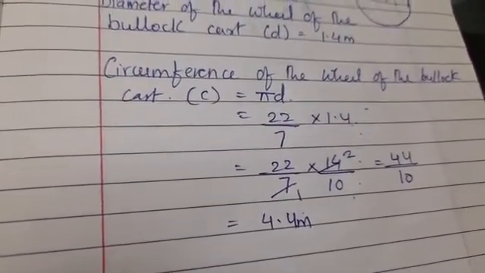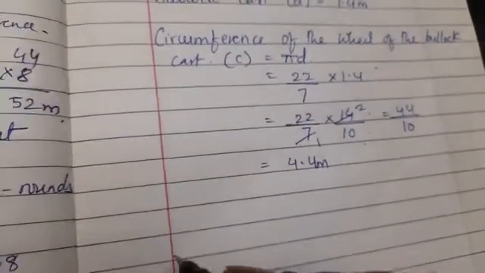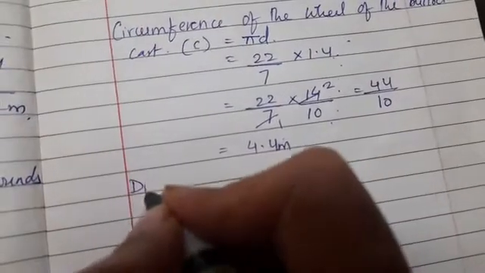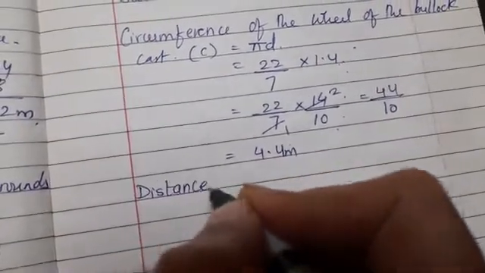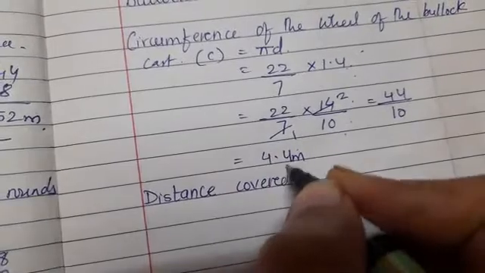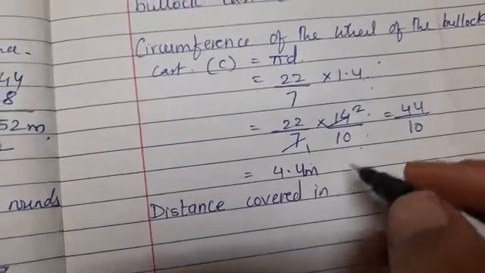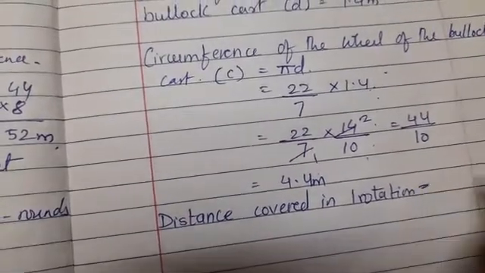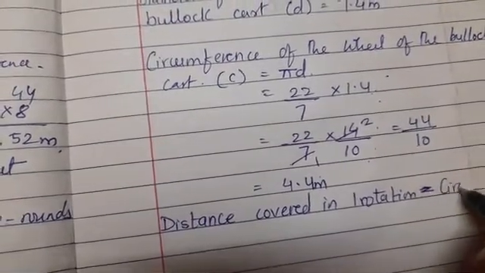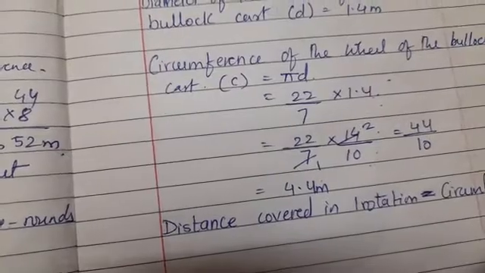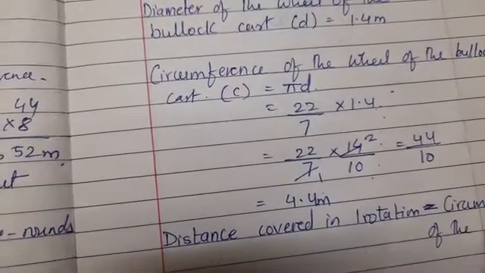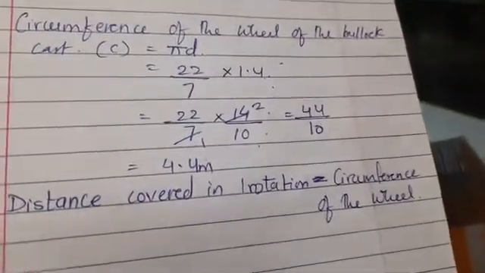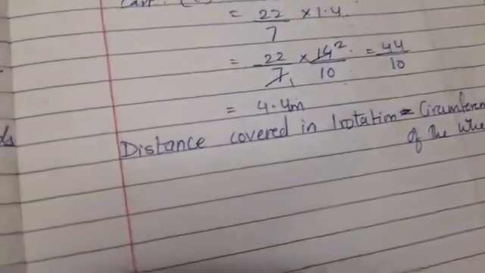Okay, now distance covered in one rotation is equal to circumference of the wheel.